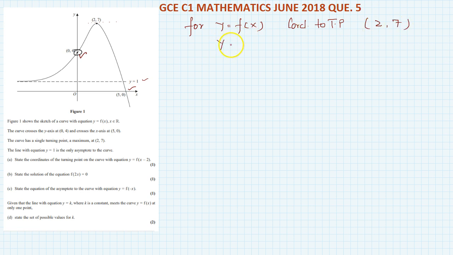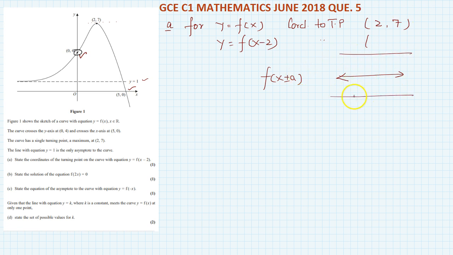Now we have to find the coordinate for the turning point of the curve with the equation y is equal to f(x minus 2). Now in this one, when we have f(x plus or minus a), the graph moves in these two directions.